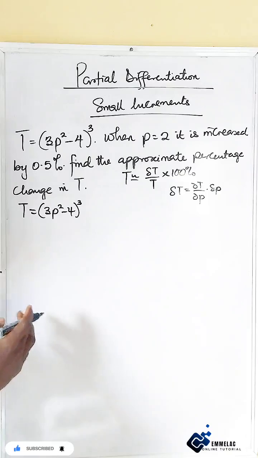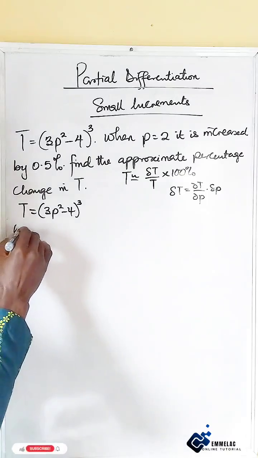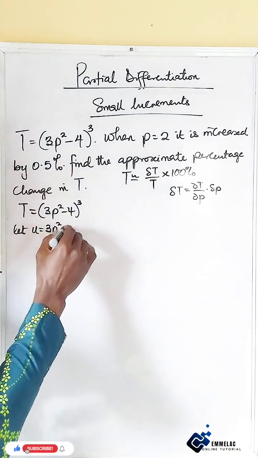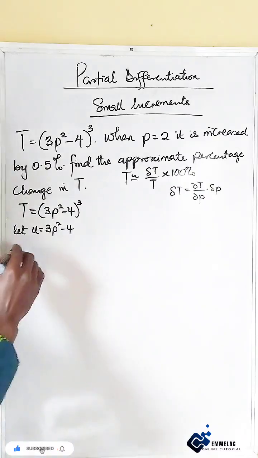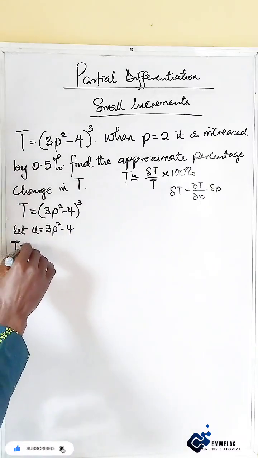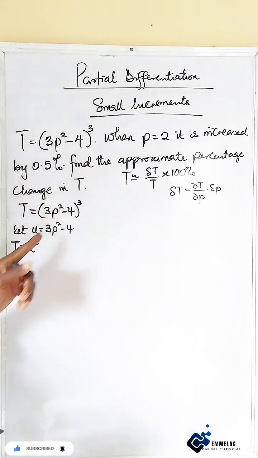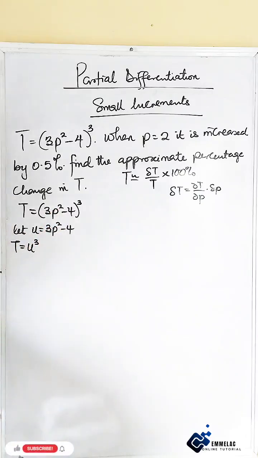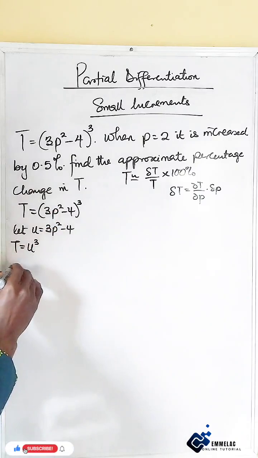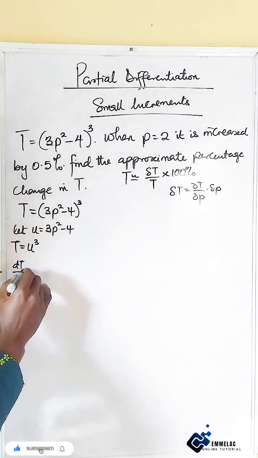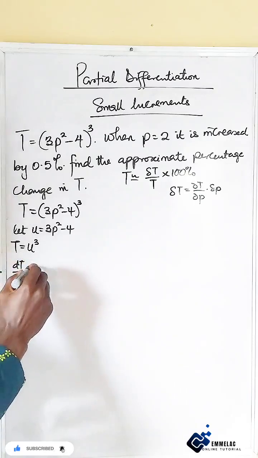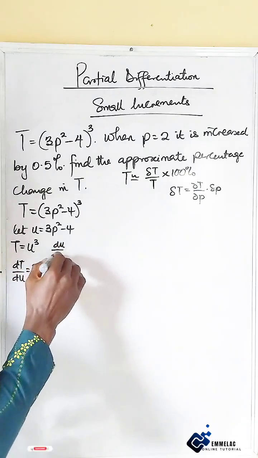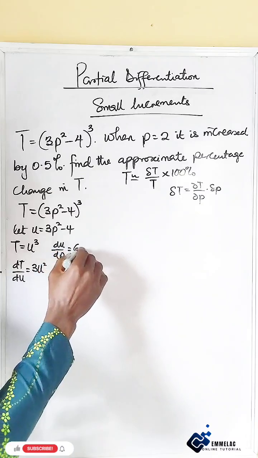Resolving this using function of a function, let u be equal to 3p² − 4. Then t becomes u raised to the power of 3, because we've made 3p² − 4 as u. So dt over du, that is differentiating t with respect to u, you have 3u², and differentiating u with respect to p, we get 6p.